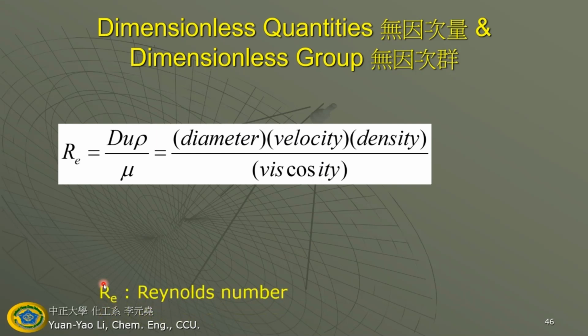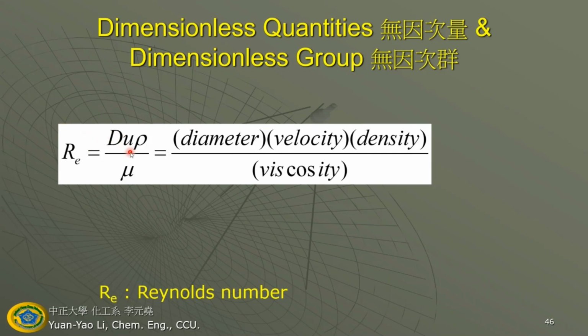Okay, so this is called the Reynolds number. If you are in the second or third year of the chemical engineering department, I'm sure you will notice this is the Reynolds number. The Reynolds number is equal to diameter times velocity times density divided by what? Viscosity. And Re is a dimensionless quantity. That means there is no dimension.